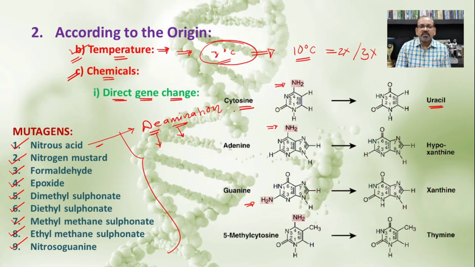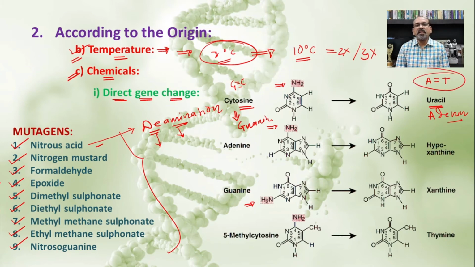We know that cytosine forms hydrogen bonds with guanine, but uracil will form hydrogen bonds with adenine, and naturally the GC pair will later be replaced by the AT pair. So this is the actual effect of deamination caused by the action of nitrous acid.